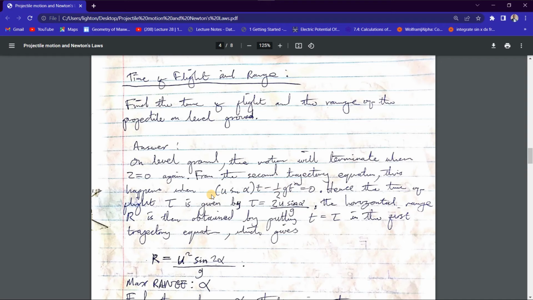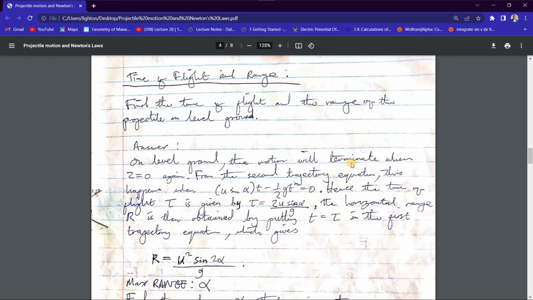If you throw a stone up, the moment it hits the ground again, the y component of displacement will become 0, because you get back to the same point. Since we're talking about displacement.